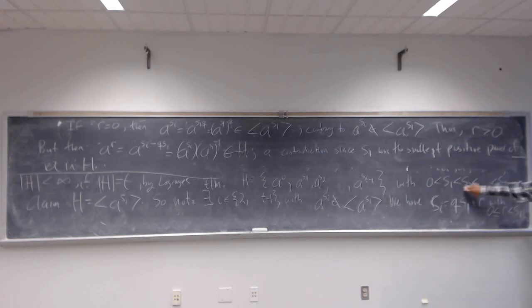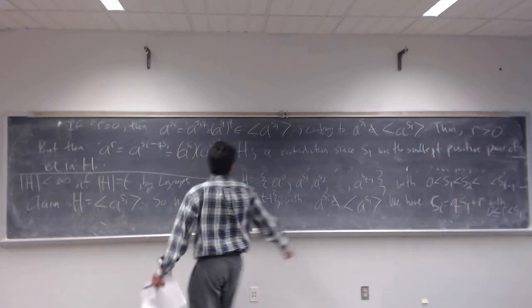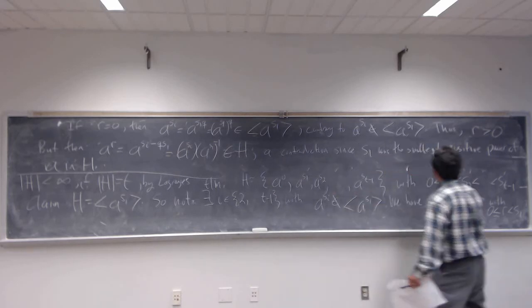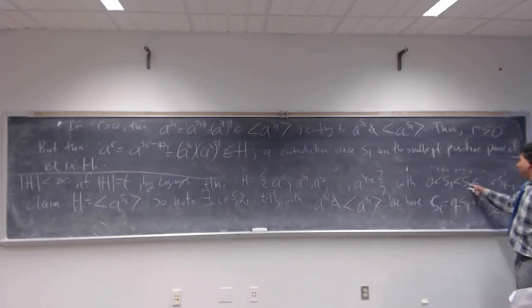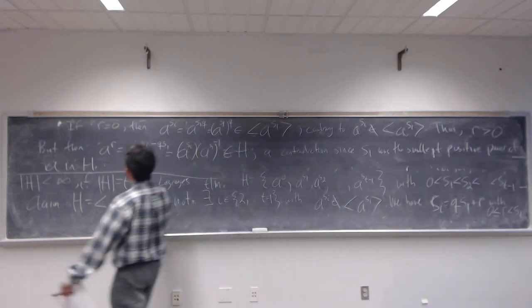All the remaining t minus 2 exponents all have to be greater than S1. So that's a contradiction, right? In other words, A to the R would have to equal one of these, so that would mean R would have to be bigger than S1. So that's a contradiction.